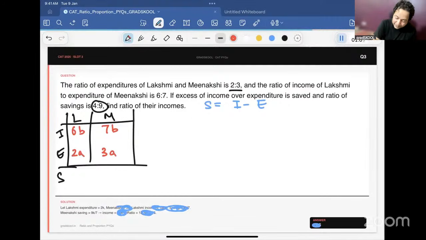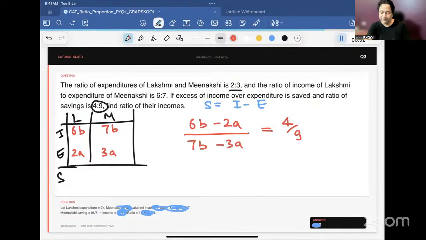So (6B minus 2A) upon (7B minus 3A) is given as 4/9. We need to find the ratio of their incomes.